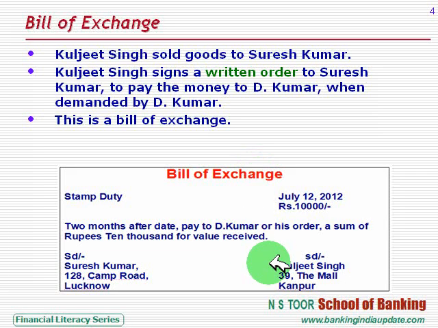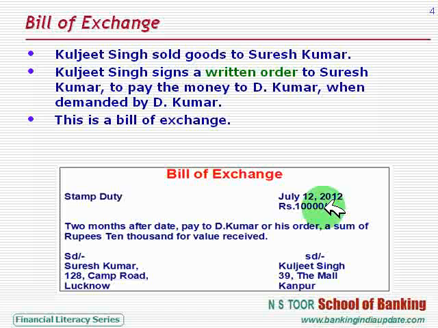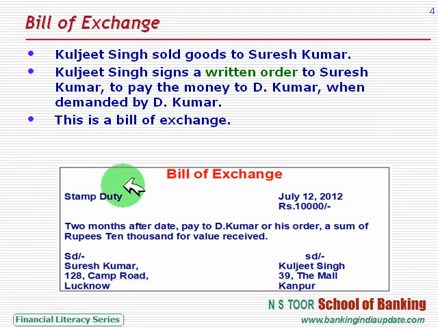So this order is being made by Kuljit Singh, the person who is seller, and this order is being made to the person who is the buyer, who has to make the payment, and this payment is to be made to another person, third party, D. Kumar. So it will be dated, amount will be written in words, amount will be written in figures also, and stamp duty, if applicable, will also be paid.